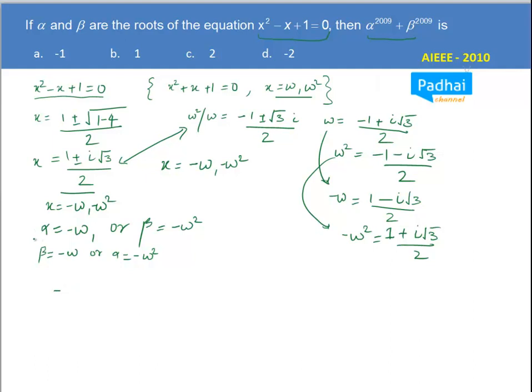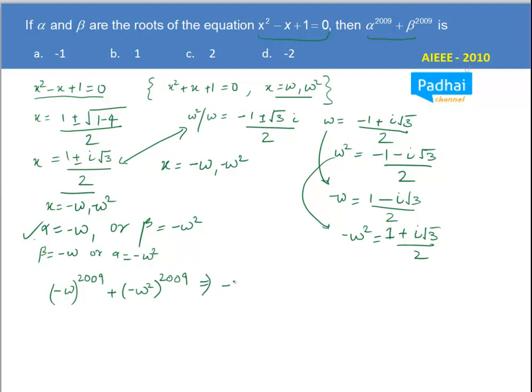If I assume alpha is equal to minus omega and beta is equal to minus omega square, then this will become minus omega raised to power 2009 plus minus omega square raised to power 2009. Let's see now what will happen.